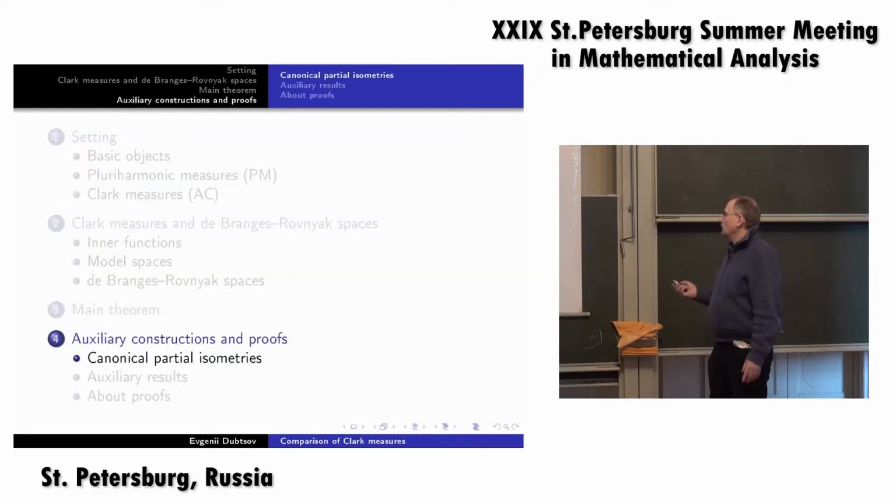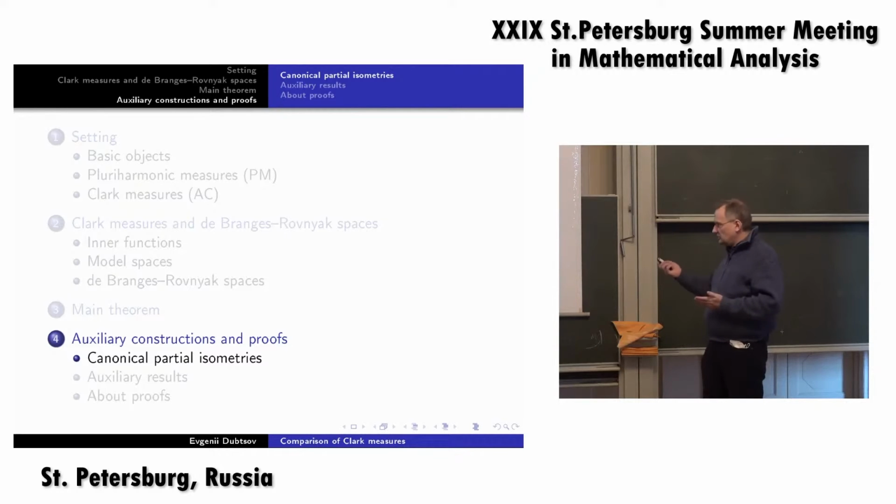Okay, so let's see. The main construction is in the case of inner functions. If B is an inner function, not just an arbitrary bounded function with values in the disk, we have canonical isometries.